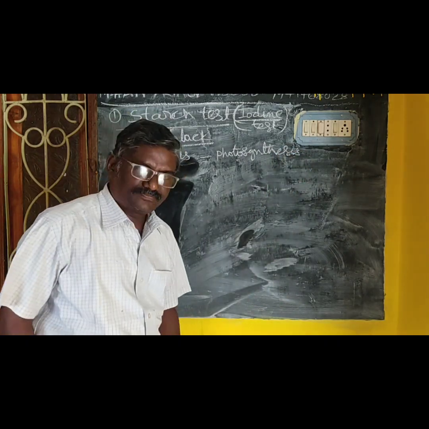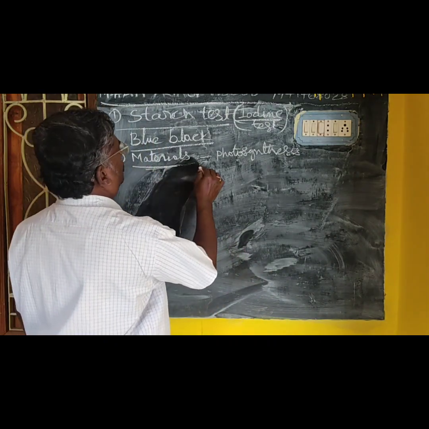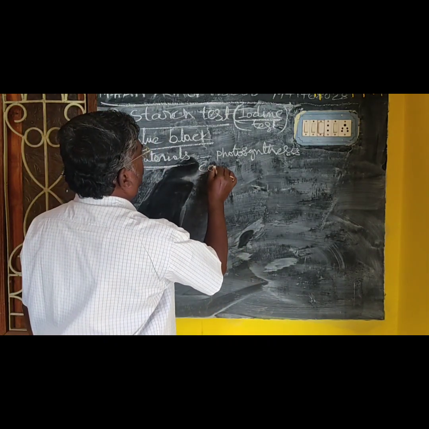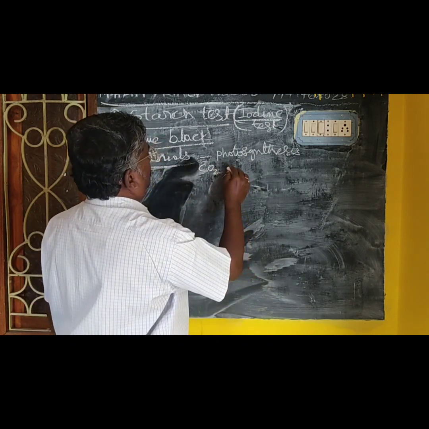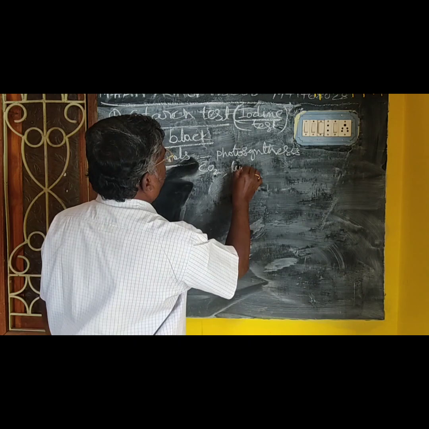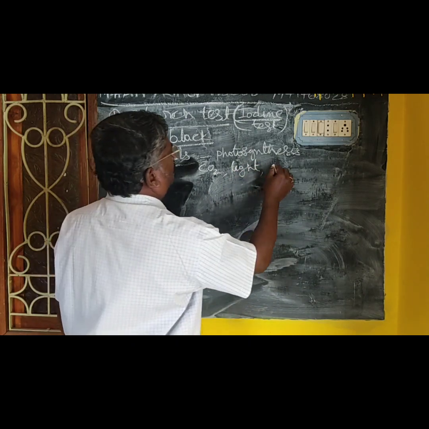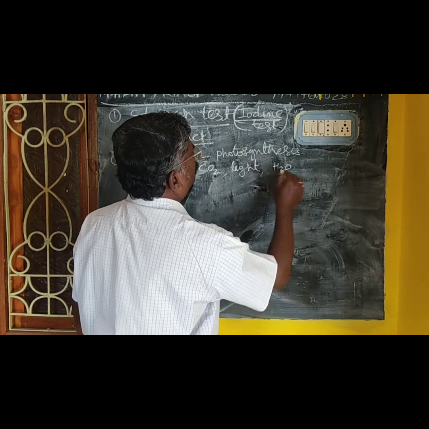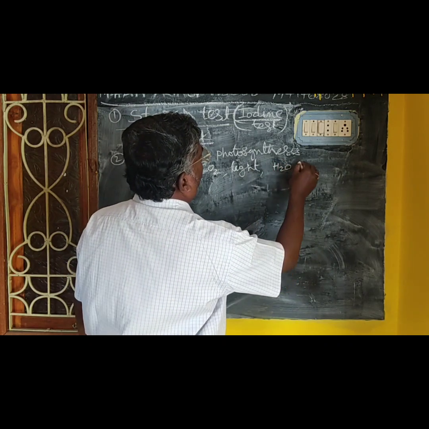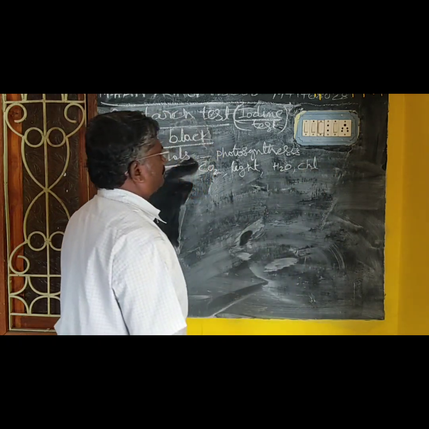You know the four factors: carbon dioxide from the air, light from the sun, water from the ground, and chlorophyll in the leaf.